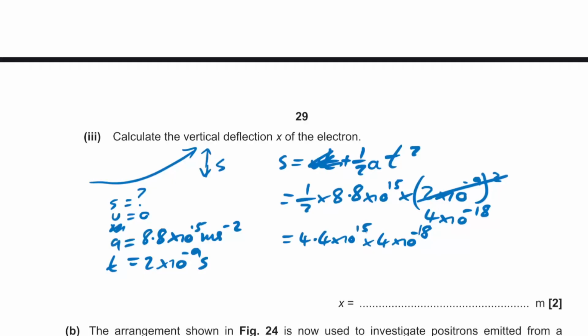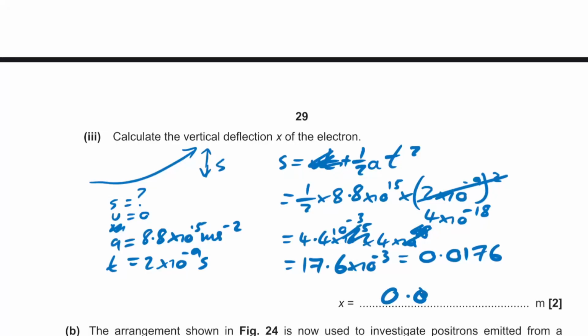I don't think I need a calculator for this. So this ends up being minus 3, and 4.4 times 4 gives us 16, so 17.6 times 10 to the minus 3, or in other words, 0.0176. We've been asked for it in meters anyway, didn't even need a calculator. There we go. Probably should go to 2 sig figs though.